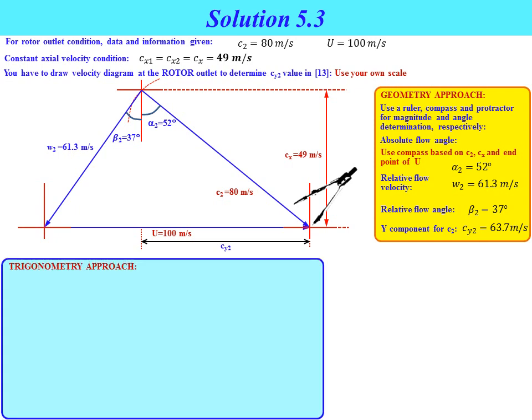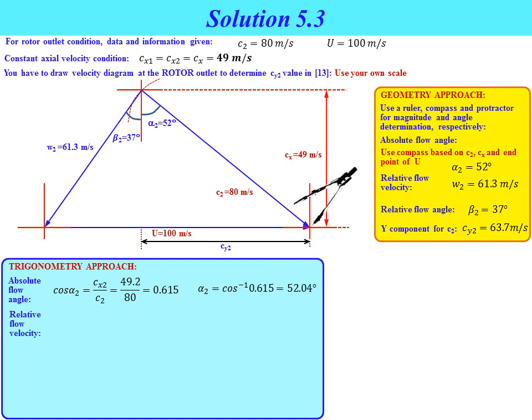We can also use the trigonometric approach, where for the absolute flow angle, based on the velocity diagram, cos alpha 2 equals Cx2 divided by C2, equal to 0.615. Calculating the alpha 2 value, we get alpha 2 equal to 52.04 degrees.